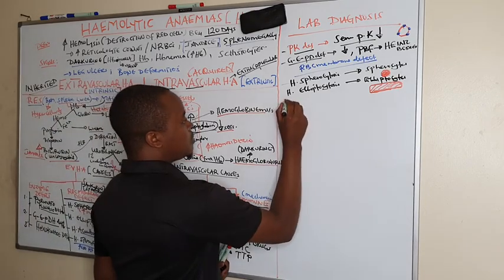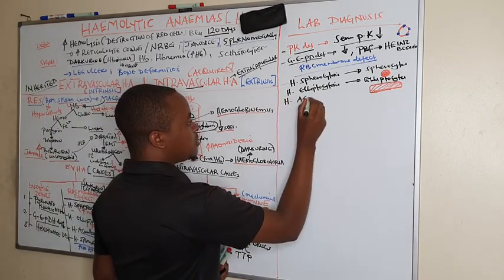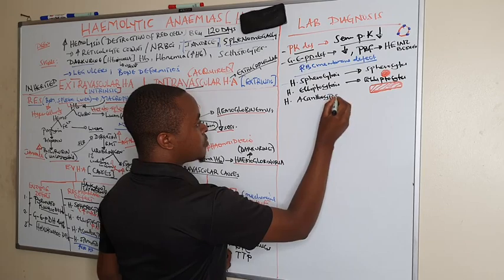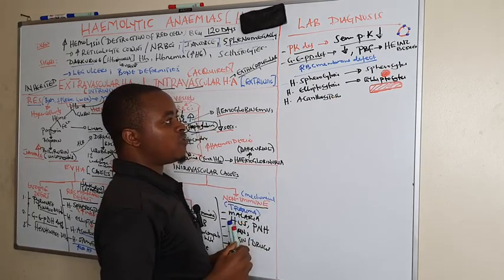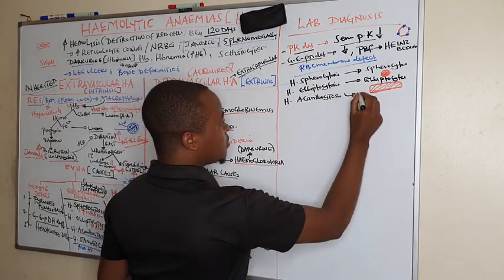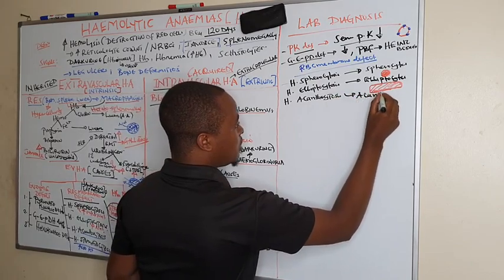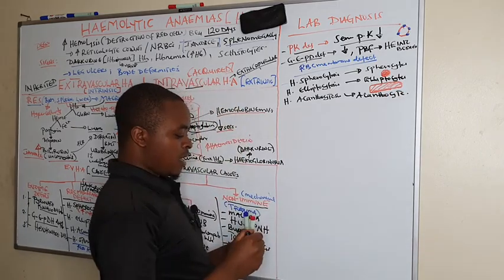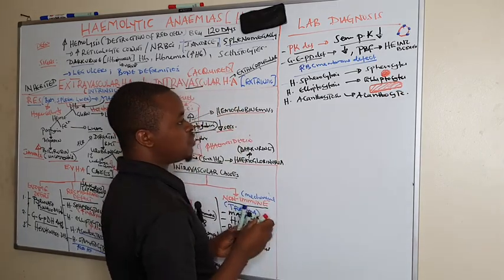Then if it is hereditary acanthocytosis due to abetalipoproteinemia, we shall look for the presence of acanthocytes in the periphery or in the thin film, whereby acanthocytes have spicules.